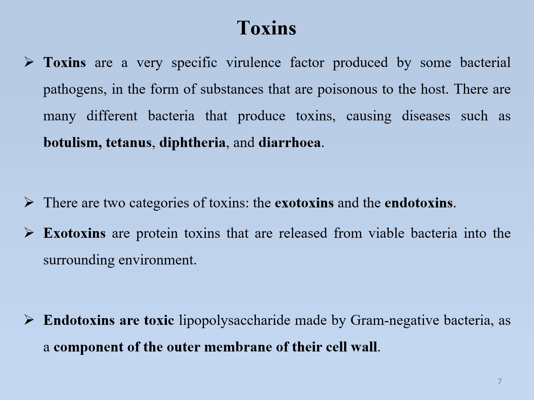So exotoxins are protein toxins that are released from viable bacteria into the surrounding environment, whereas endotoxins are toxic lipopolysaccharides made by gram-negative bacteria, and they are a component of the outer membrane. So the endotoxins can only be released when there's a lysis of the bacterial cell, or when the bacteria dies. Then the endotoxins embedded in this outer membrane get leaked out to the environment and can cause disease in humans.